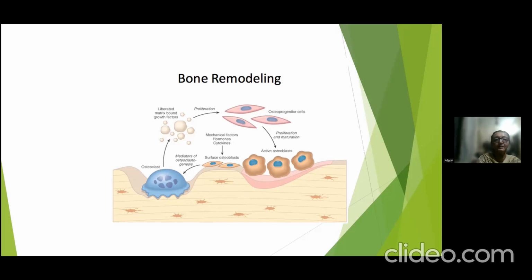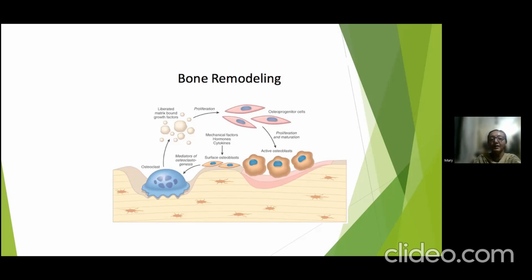Then a third step, whereby the degradation of the exposed organic matrix occurs, by the action of enzymes like acid phosphatases and cathepsins, and this is followed by sequestering of the mineral ions within the osteoclastic cells. So these are the steps which were described by 10K.